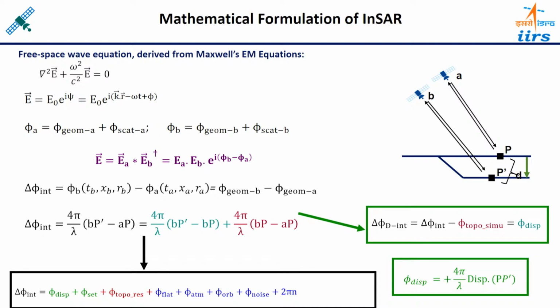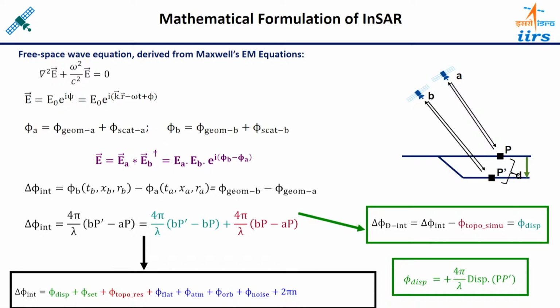Now keep in mind, deformation analysis is not the only application of interferometry. From this equation you can see phi topography is also there. It means if you want to generate the DEM from the interferometry, that is also possible. In that case our interest will be here, and the other components will be unwanted.